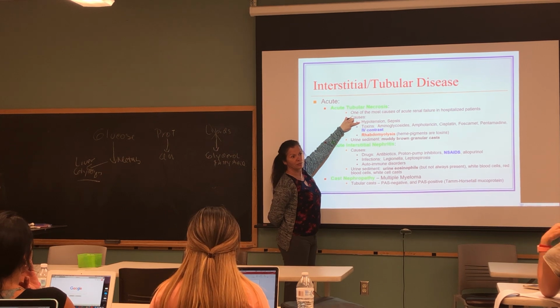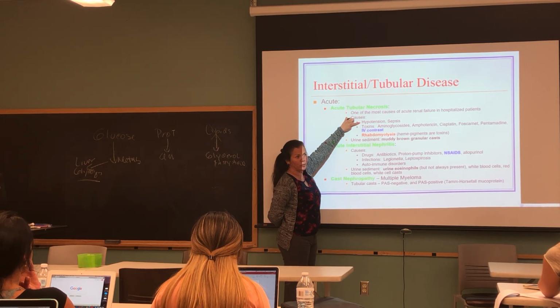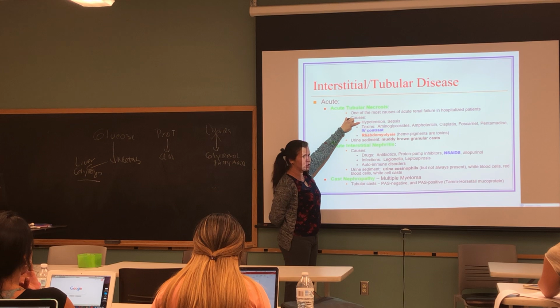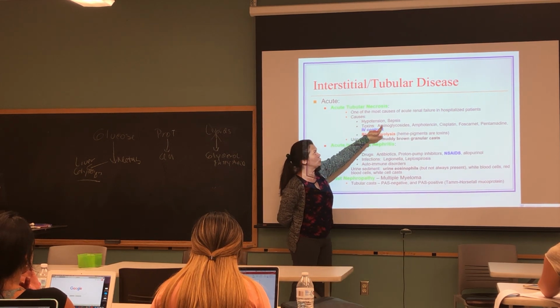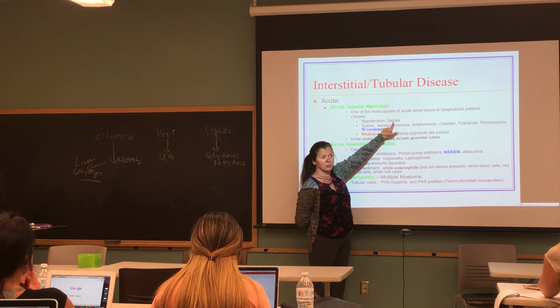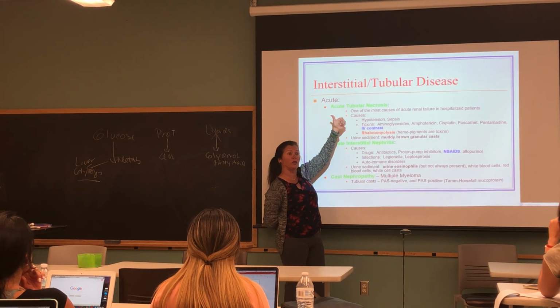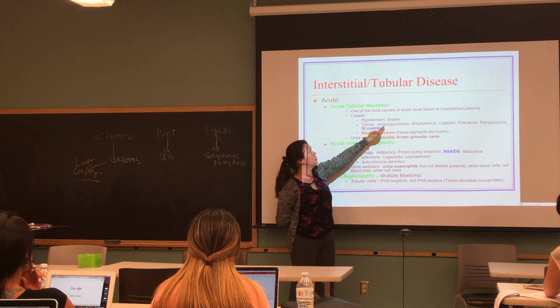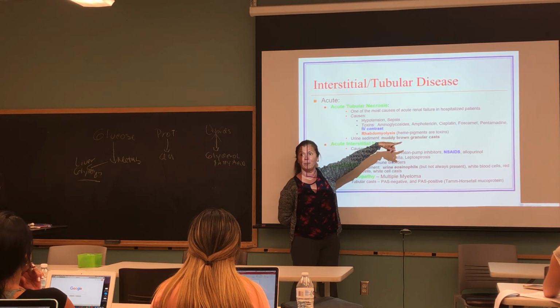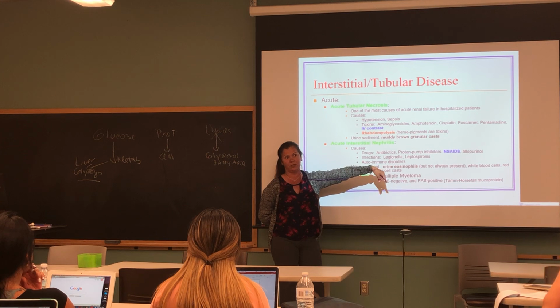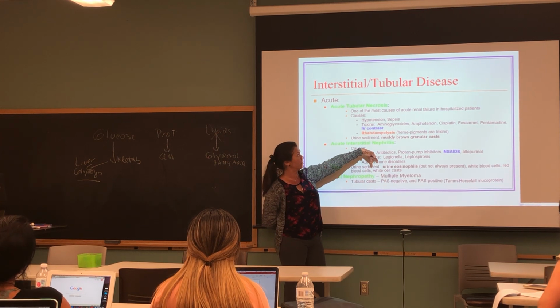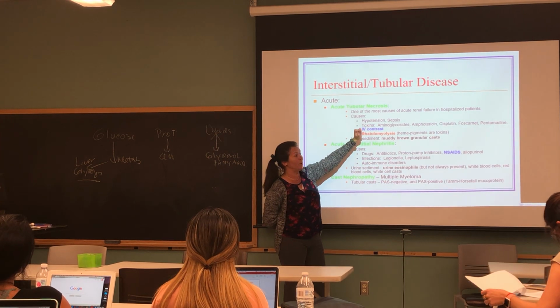And as you could see, what's the leading cause of that? Hypotension. And hypotension could be due to medications, but it could be due to dehydration, to any cause of hypovolemia that we already mentioned. And as you could see, sepsis is also there. It could be related to hypotension due to prolonged hypoperfusion in pre-renal, or due to the amount of inflammatory mediators that are released in sepsis. But again, what about medications?